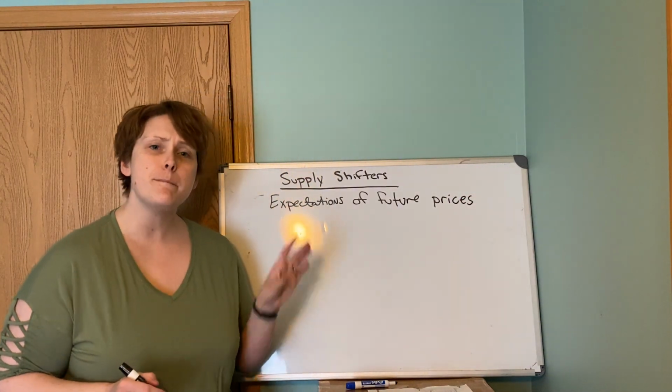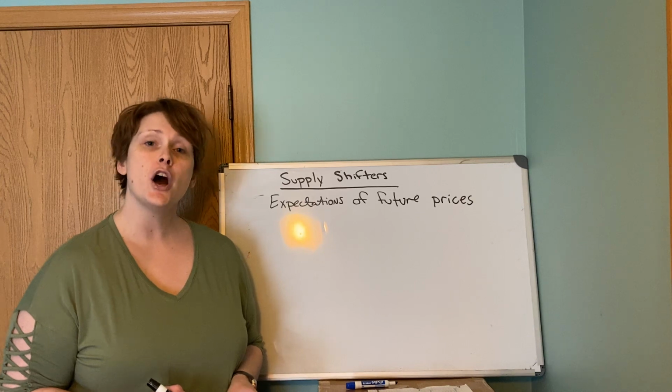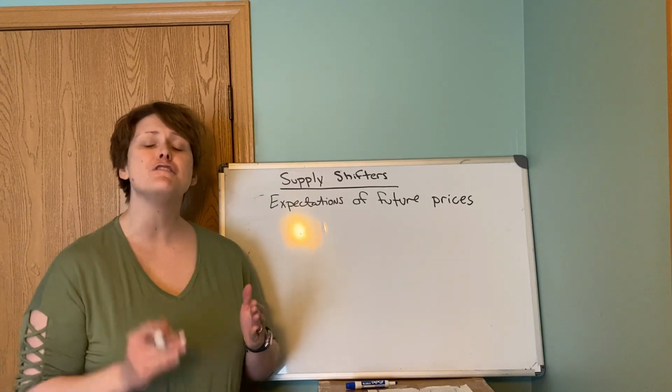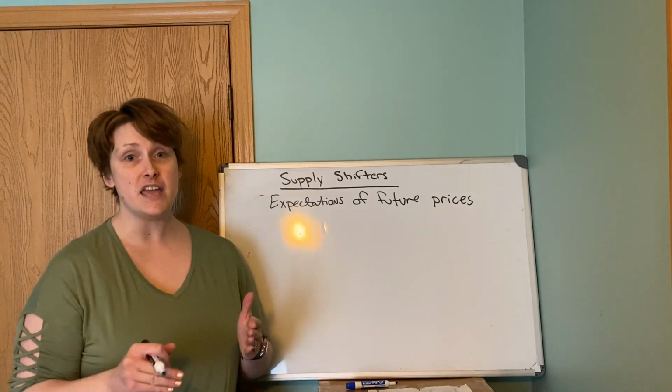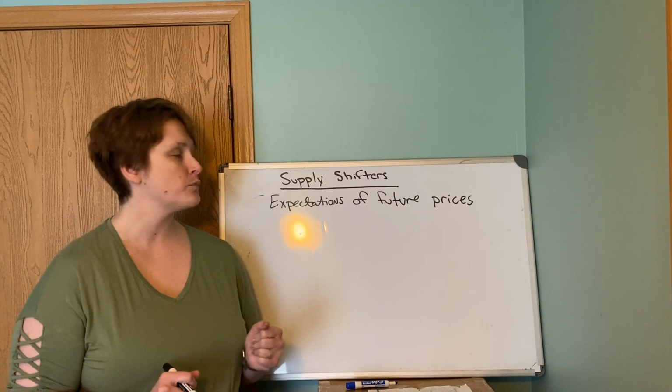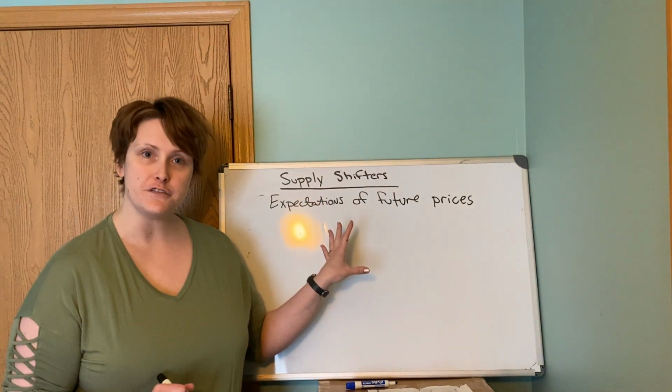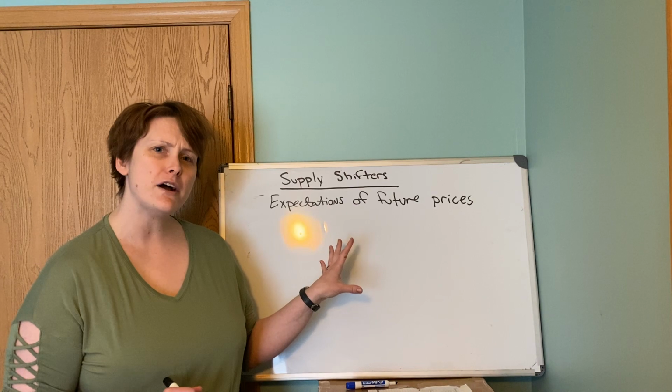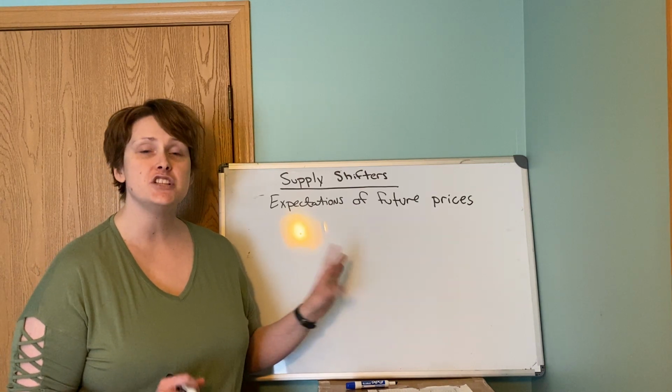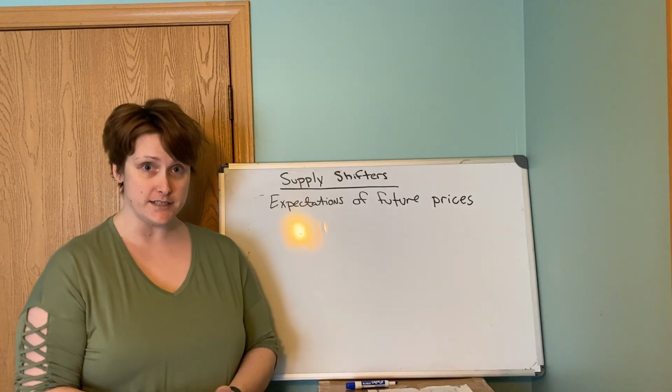So in our demand curve shifters, we talked about expectations of future supply being part of this pricing variable. Now, in supply curve shifters, what we're talking about here are the expectations of future prices.